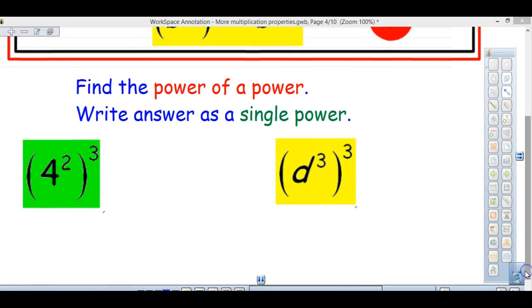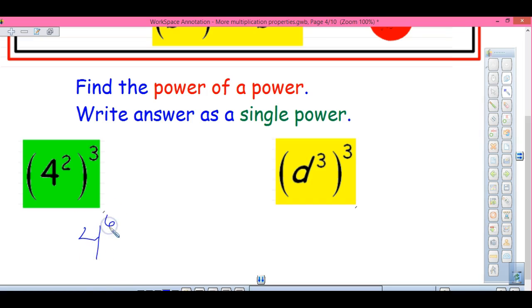So go to these guys on the bottom of the page. 4 to the second to the third gives me 4 to the sixth. This guy gives me d to the ninth. Good.